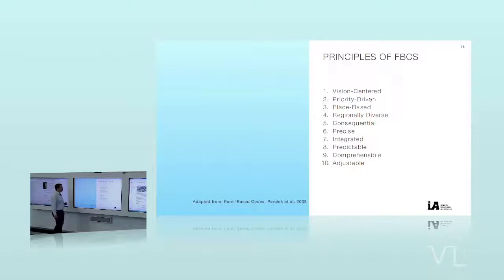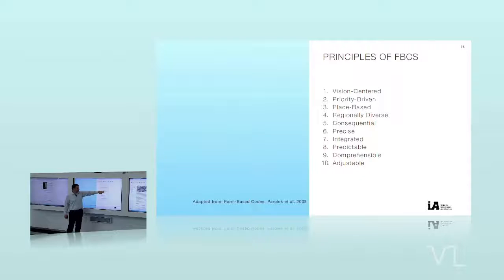But generally, the principles of form-based codes are that they are vision-centered. You create a vision, a picture of the thing that you want to develop. You have a priority in your vision. What is the target that you want to pursue? What will it really look like in shape?